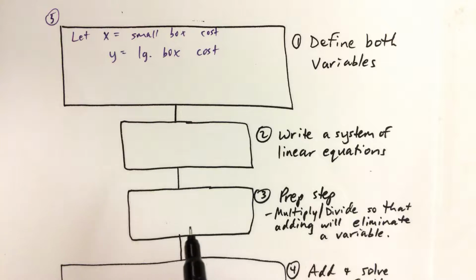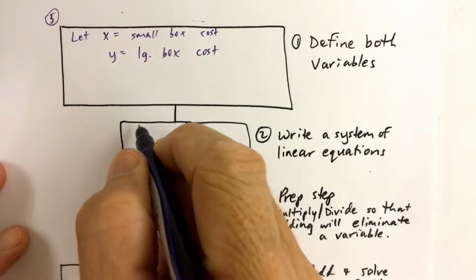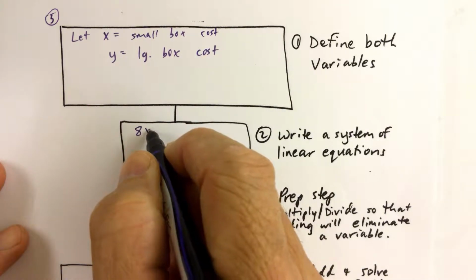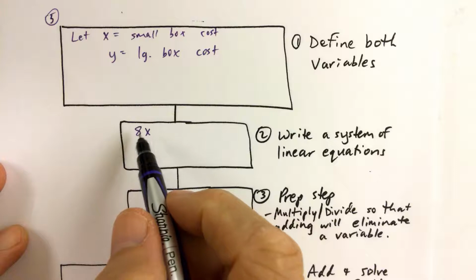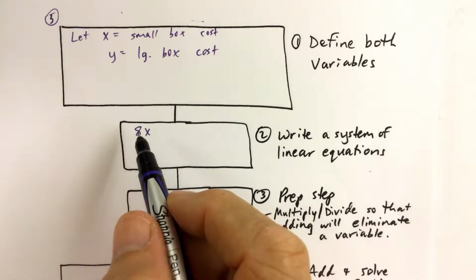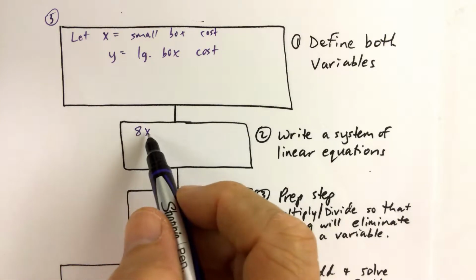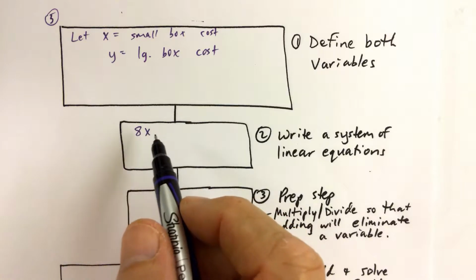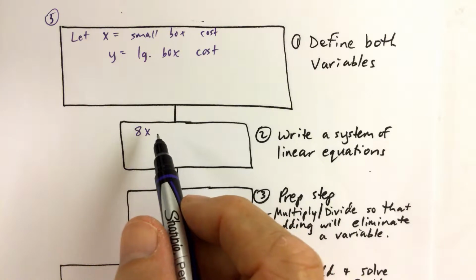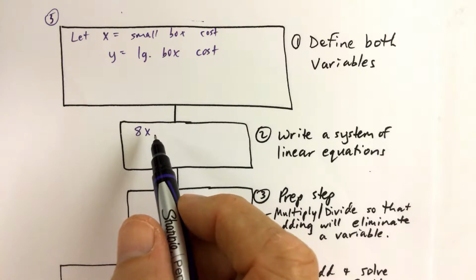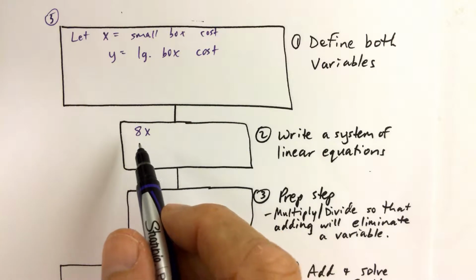And then the third sentence, Deshaun sold 8 small boxes. So 1x would be how much one small box would cost, 2x would be how much 2 small boxes would cost.